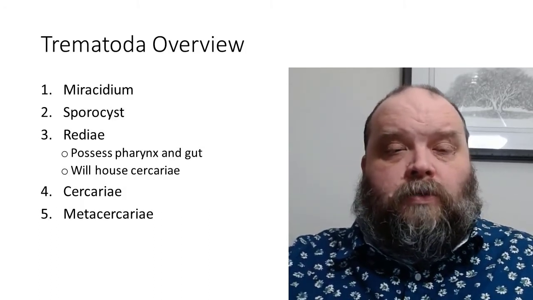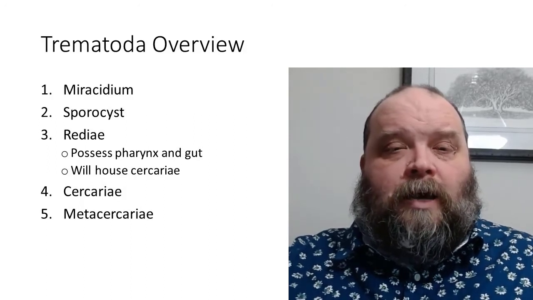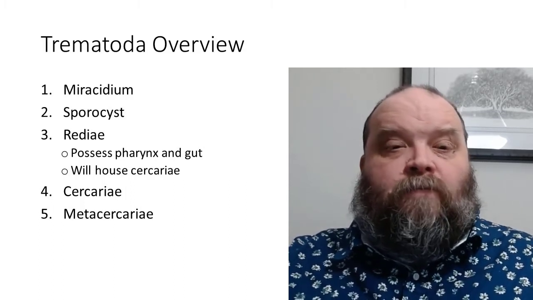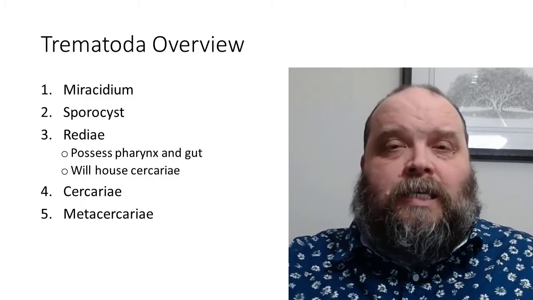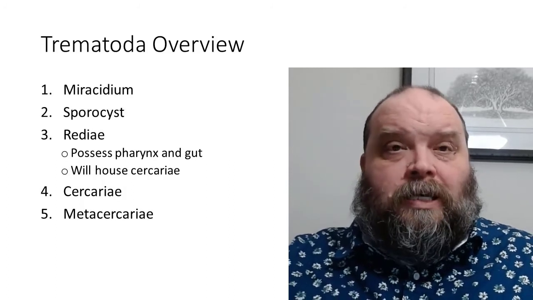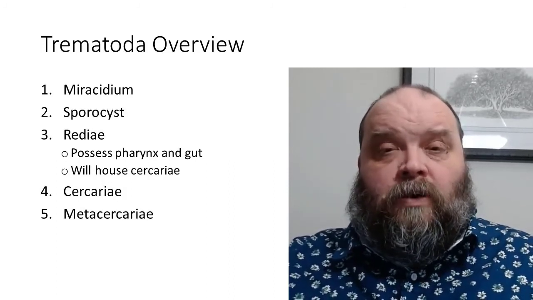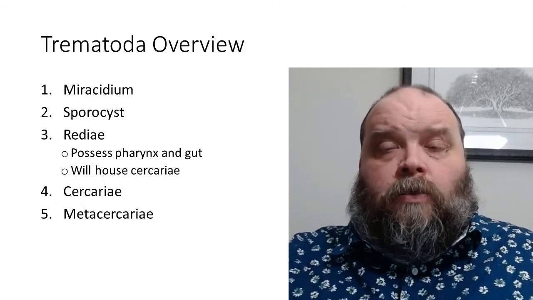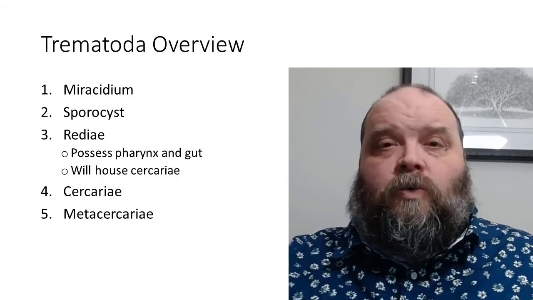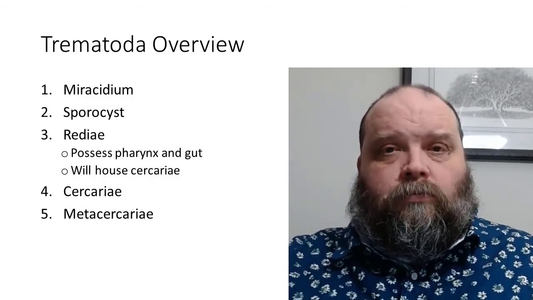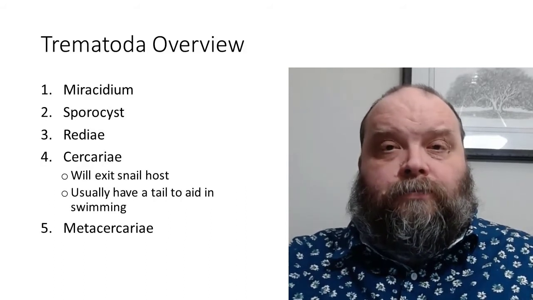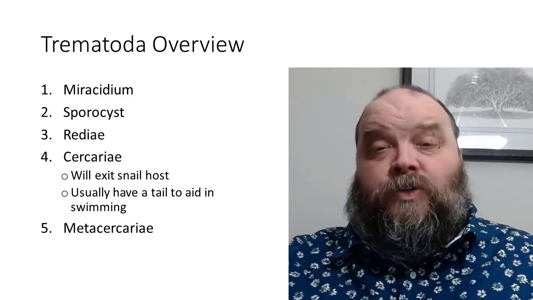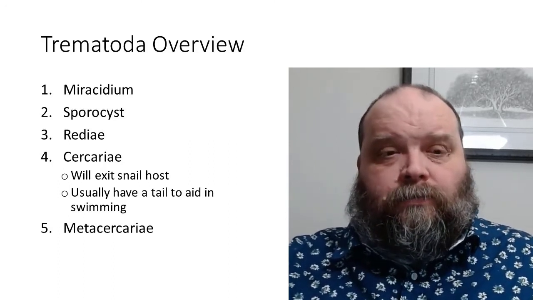Those internal organisms are going to be housed and fed by the redia. The redia, which has its own pharynx and its own gut, takes in nutrients that it's stealing, parasitizing from the intermediate host, the snail. Those organisms inside the redia will slowly develop, become cercaria. Cercaria will then exit out of the redia and will then burst out of the snail.